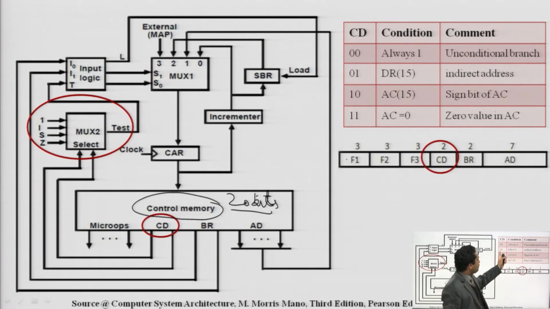When we talk about 0 1, it means we are referring to the indirect address. Next is the sign bit of the accumulator. So 1 0 represents this sign bit, and 1 1 represents whether the value of the accumulator is 0 or non-zero. So if it is 0, then we generally choose the 1 1 combination.